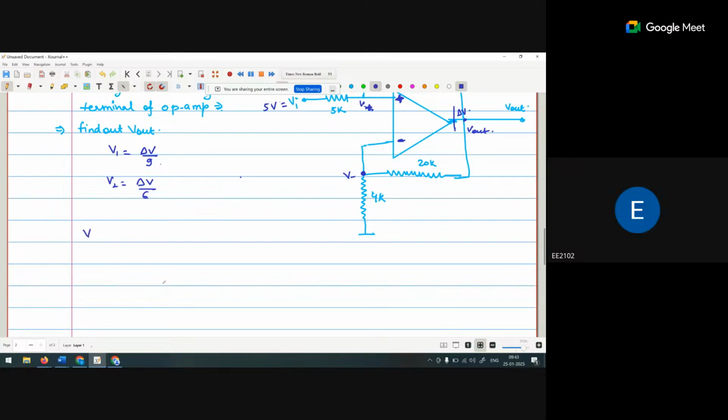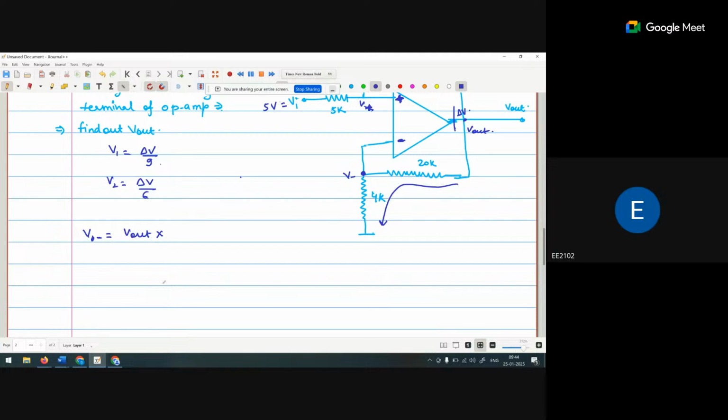So the value of V negative is the V out voltage that is passed from this particular branch. Some voltage will drop across the 4K and some voltage will drop across the 20K. I want to identify the voltage drop across 4K.